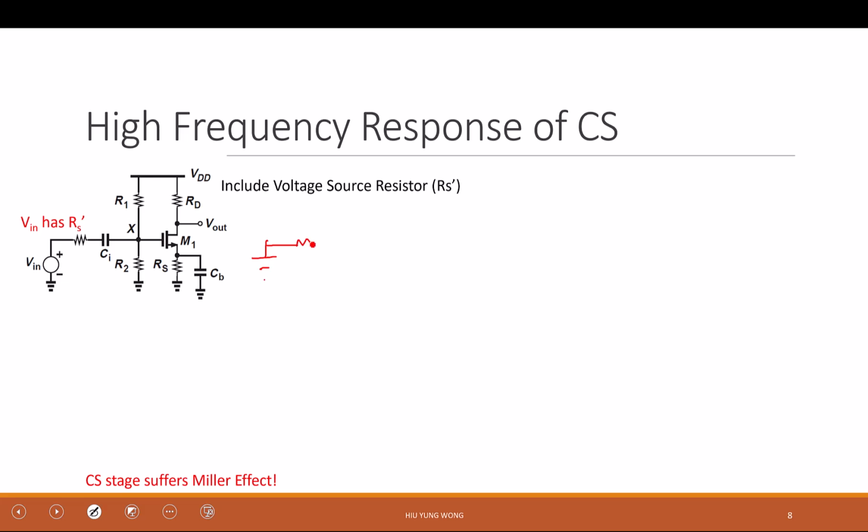And then I have this out as dash. And then I don't have Ci because this is at high frequency. The Ci is shorted. And I have a resistor here, R2. And I also put here R1. I put them to ground.